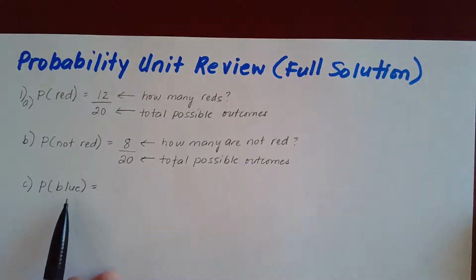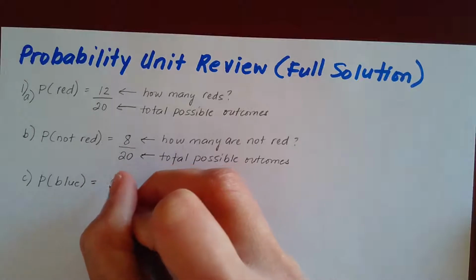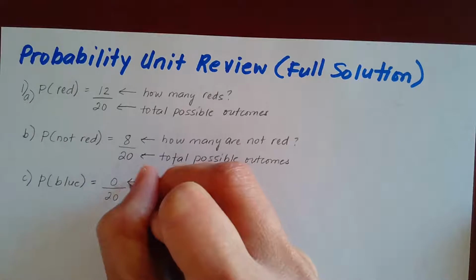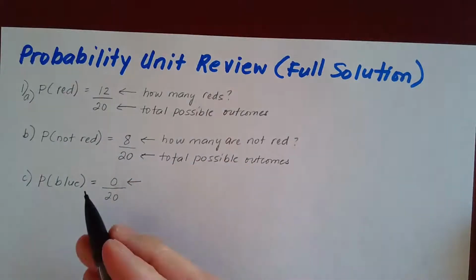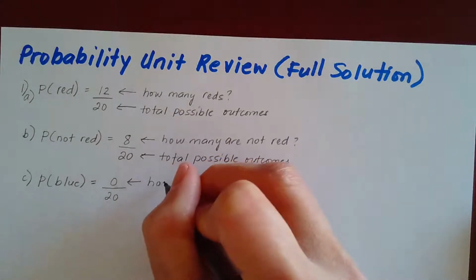So in this particular case, we can say 0 out of 20, because we don't know what the multiple colors are, or what the not reds are. So how many blues?